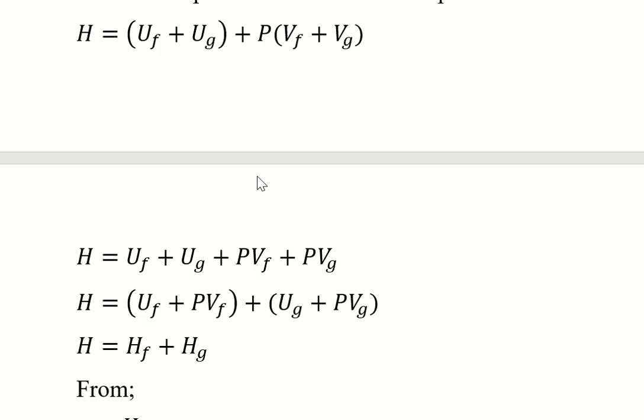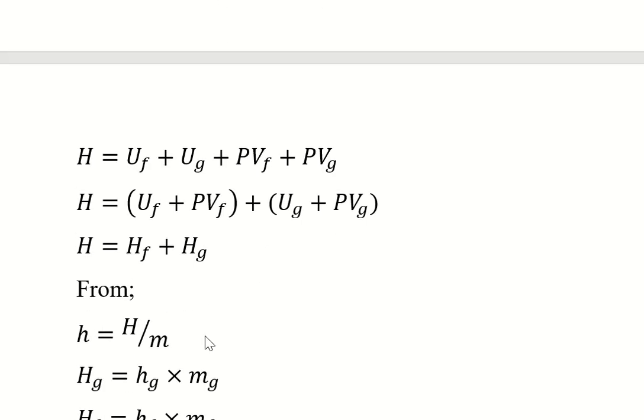You first expand, applying the pressure throughout, and then collect like terms. Once you collect like terms, you realize that each group is itself the formula for enthalpy, for the liquid phase and the vapor phase, such that the total enthalpy is equal to the enthalpy of the liquid phase plus the enthalpy of the vapor phase.